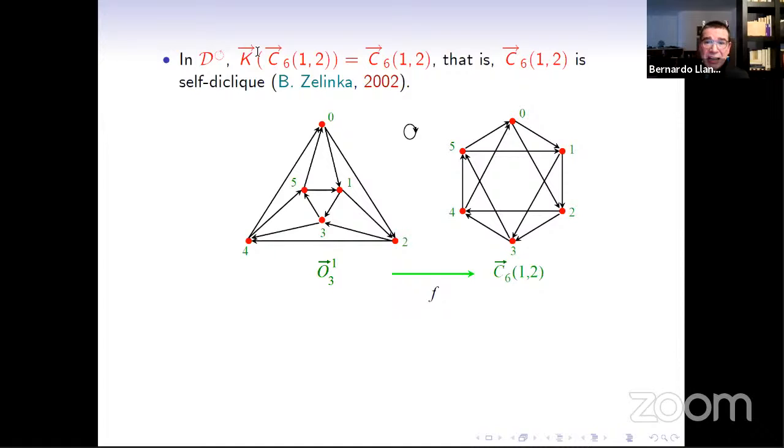It's easy to see, and Prisner asks whether these examples are unique.